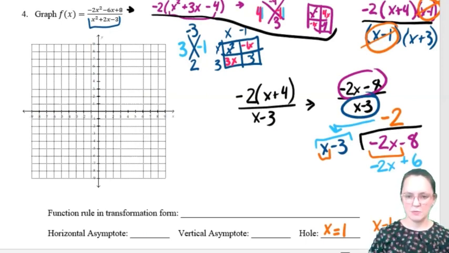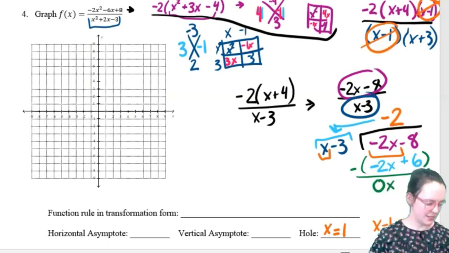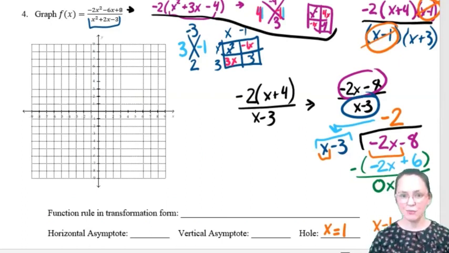We are going to go ahead and subtract that whole piece. Draw the parentheses if you need to help remember that we're subtracting that 6 as well. So we have -2x minus -2x giving us 0 x's, and -8 minus 6 is going to give us -8 and then 6 further.